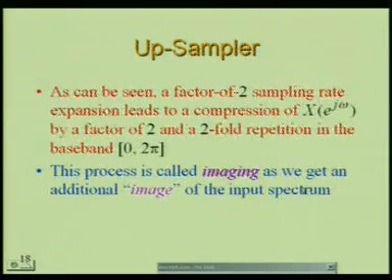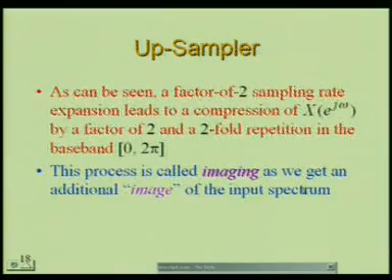The original signal is assumed to have a frequency response like this, which is assumed to be 2π periodic in nature.